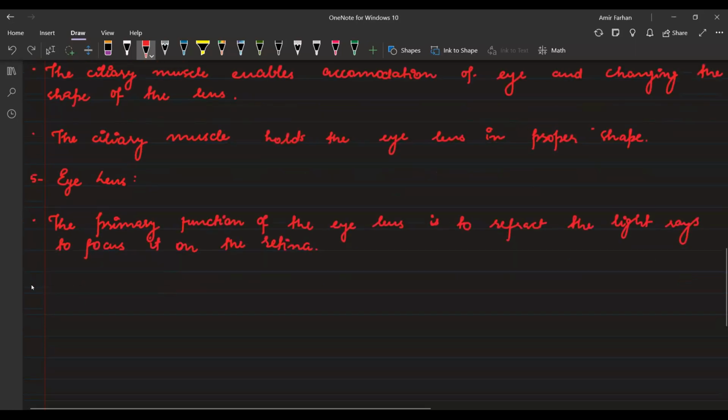Next is aqueous humor. So basically, what does aqueous humor do? It basically provides nutrients.